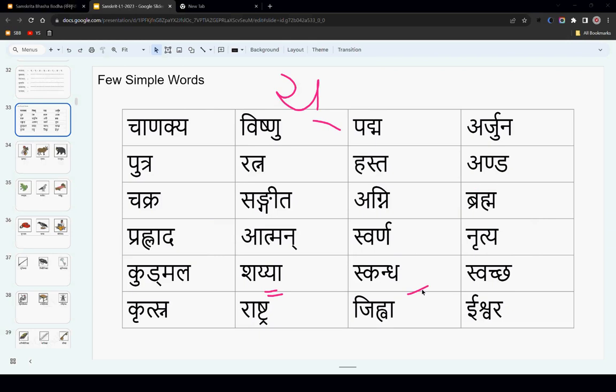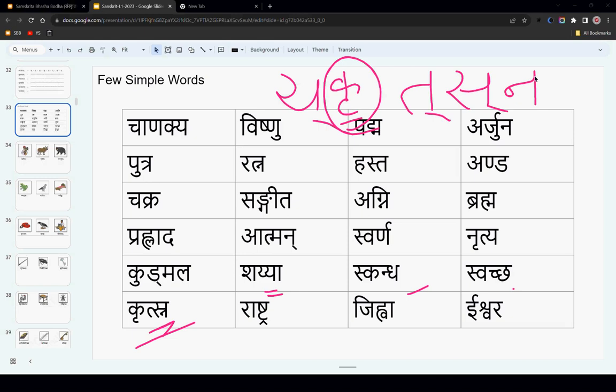Then we have Skandha, Swachha, and here there are three letters in this. Kritsna. There is a Ku, a Gunitakshara like ka, ki, ku. There is a swara there, and then there is a tsna. Ta is there, sa is there, and na is there.